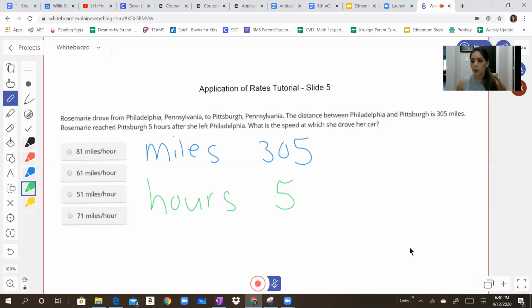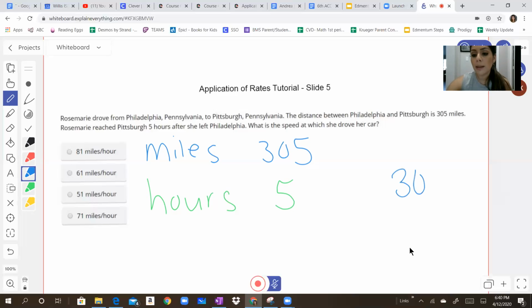So we want to know how many miles did Rosemarie drive in 1 hour. That helps us calculate her average speed, and especially those of us in Texas, we do that all the time. How many miles can I travel in an hour, and how many hours is it going to take me to get there? So let's go ahead and use strategy number 1.